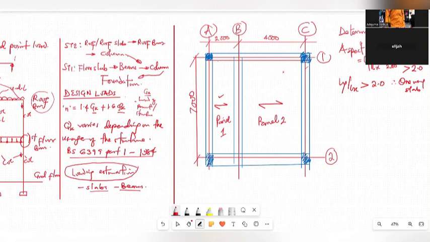So pardon my assumption, at least for class. Okay, so how do we distribute the load for a one-way slab? Before we talk about load distribution, I want to show you how to estimate the loading for a slab, any slab, however it is.